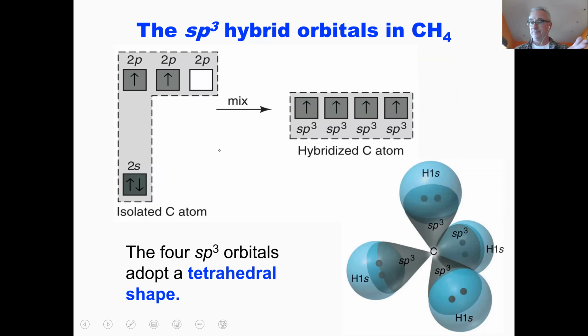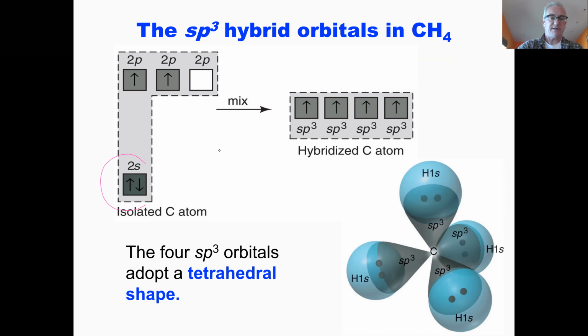And then methane, we talked about methane. This was the original problem introduced. And so now, since we have 4 regions of electron space, we need 4 orbitals. Well, luckily, carbon has 4 orbitals that it can put electrons in.